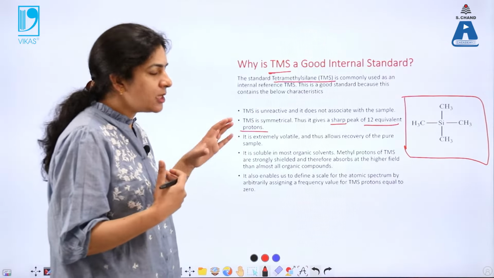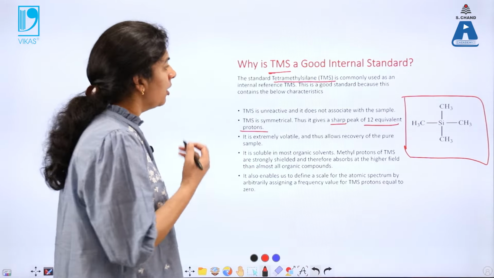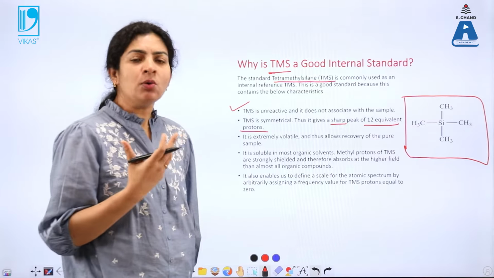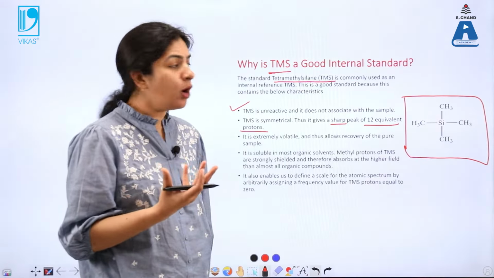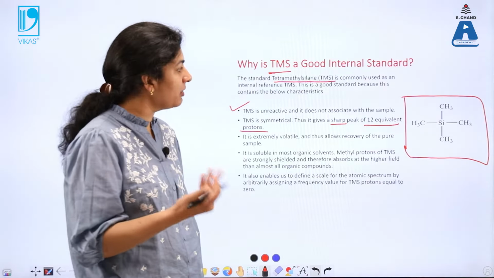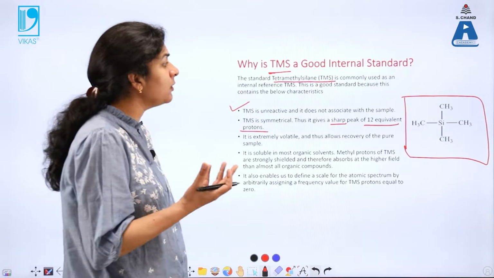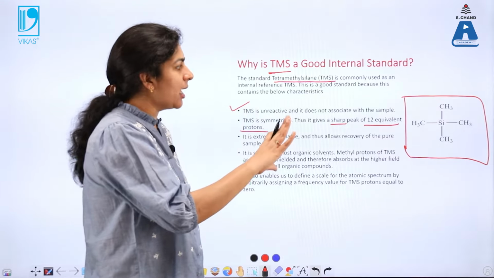There are other reasons also why we choose TMS as an internal reference. One, of course, is that it is unreactive. We don't want to spoil our sample. Whatever reference we are using should not react with the sample, otherwise it might affect the spectra of our desired molecule. So this is a very unreactive molecule.